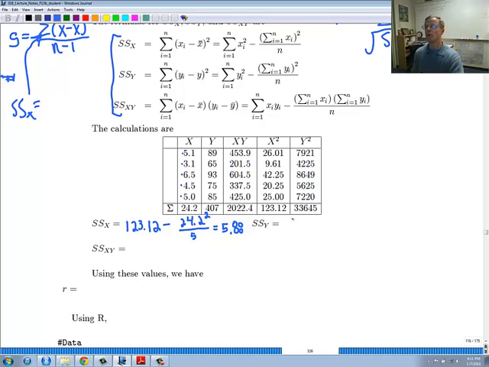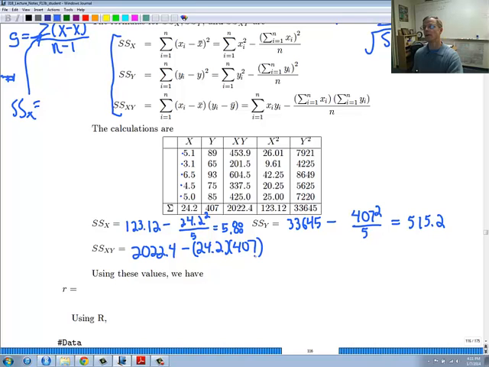Okay, the sum of squares for y is going to be 33,645 minus 407 squared over 5. That guy's 515.2. And the sum of squares xy will be 2022.4 minus 24.2 times 407, all divided by 5. That guy turns out to be 52.52.